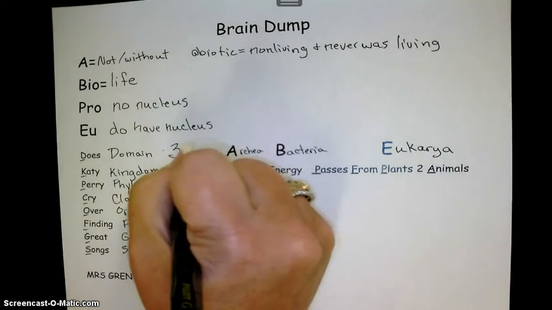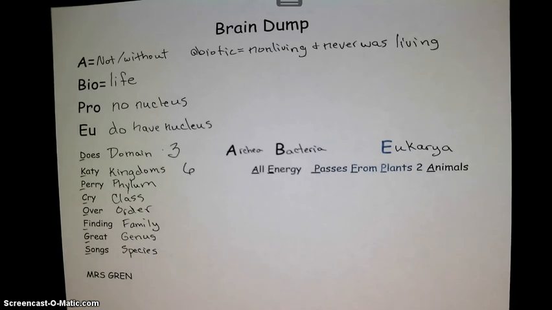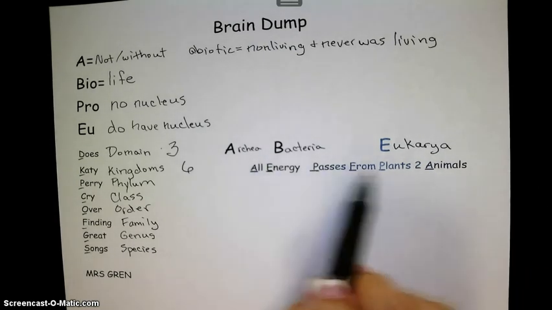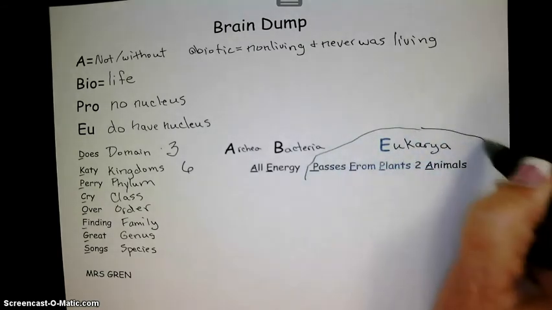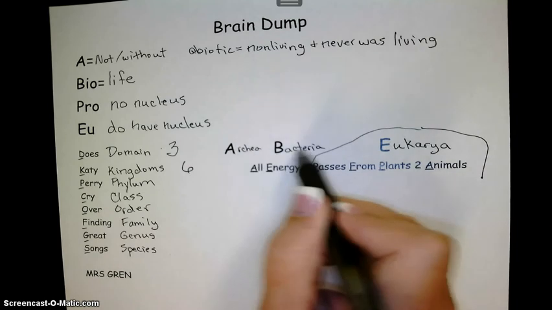There are currently 6 kingdoms, and I came up with a little sentence to help us remember that. All energy passes from plants to animals. Notice the 2 is not the word TO because there's only 6 of these, and so that's 1, 2, 3, 4, 5, 6.